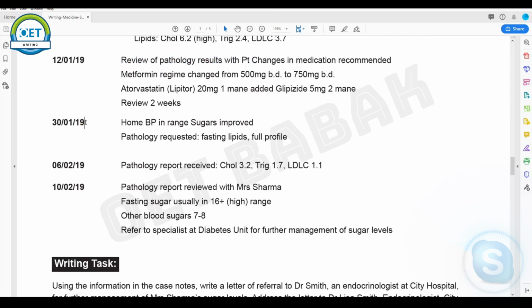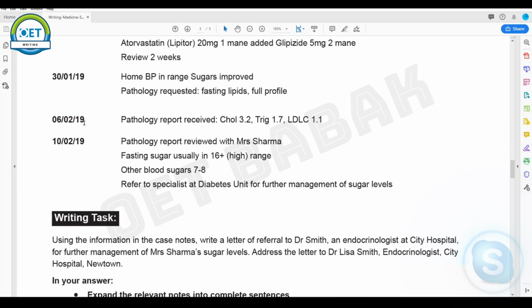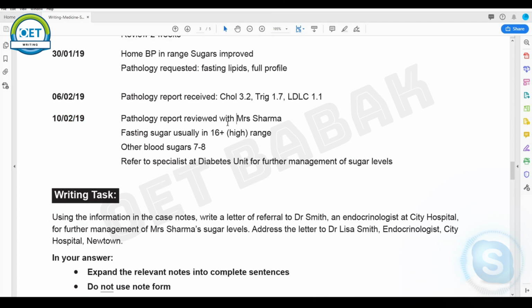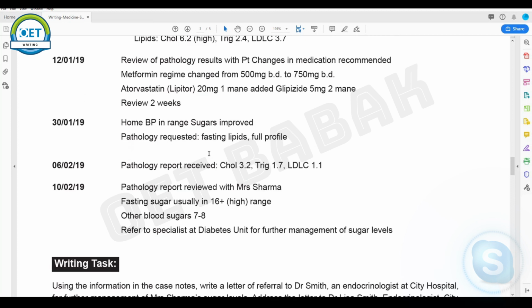This is not a visit, okay? It's probably just a telephone consultation. How do you know that? Because this is our system, okay? This one says review of pathology with patient, but this one says just home BP in range, sugars improved, and then pathology requested.